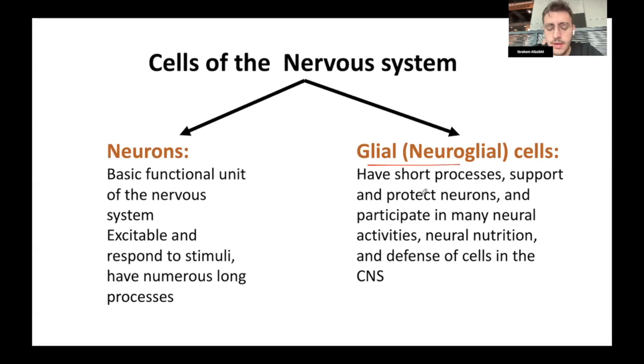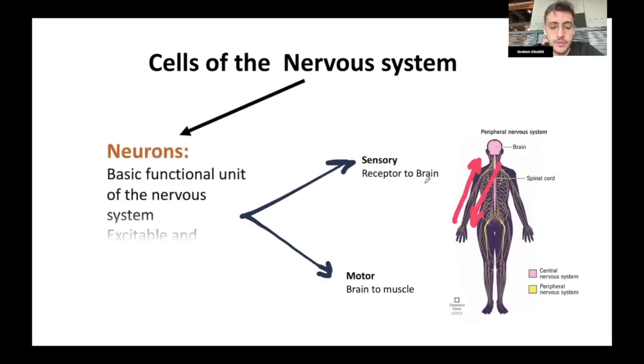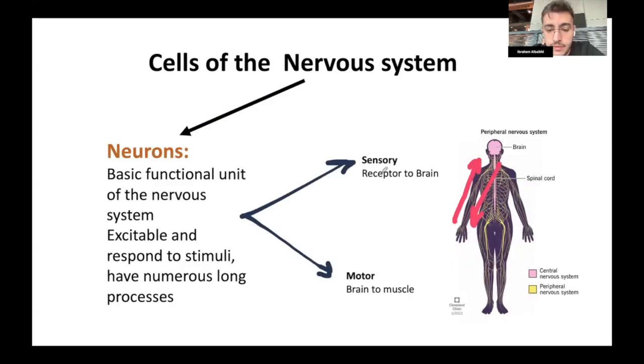And they're associated with multiple different processes, which we'll talk about later in this talk. Okay, so your neurons can be divided into sensory neurons and motor neurons. Sensory neurons usually carry stimuli, whether light or sensation or pain stimulus, from the periphery to the brain. So receptor to brain. And then your motor carries the certain function to the muscle. Okay, so it's usually a brain to muscle connection.